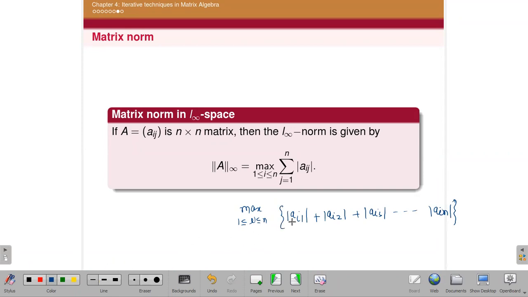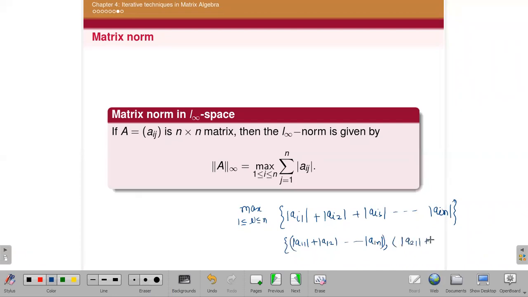So here again, I have to take i equal to 1, means it is a maximum of A11 plus A12, then A1N, means that will give you a number by adding absolute values of the first row.